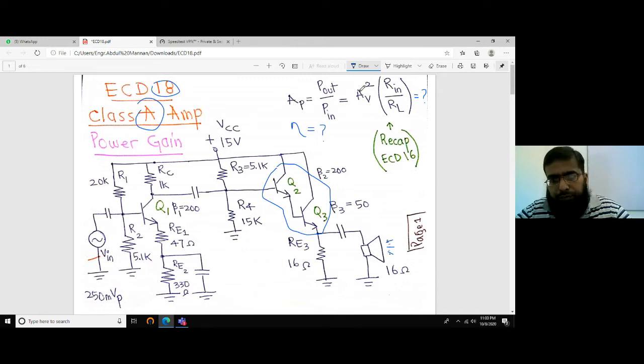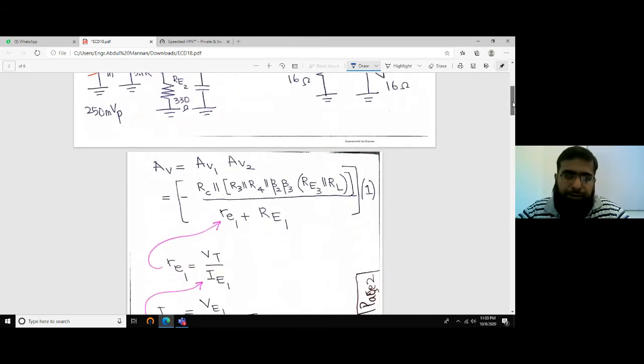So that involves AV, and what is AV for a cascaded, multi-stage amplifier? Of course, AV is the product of the first amplifier's gain times the second. So AV1 times AV2 is AV. That is our starting point, in fact.